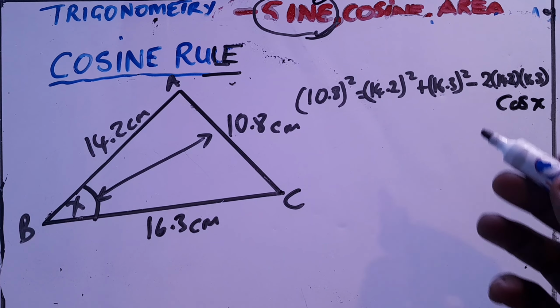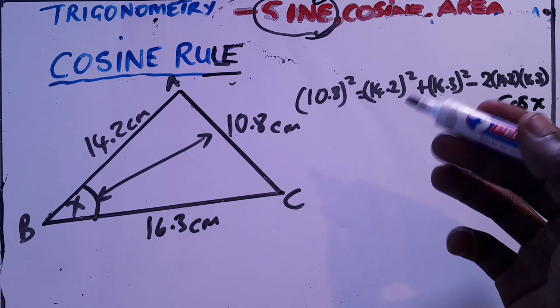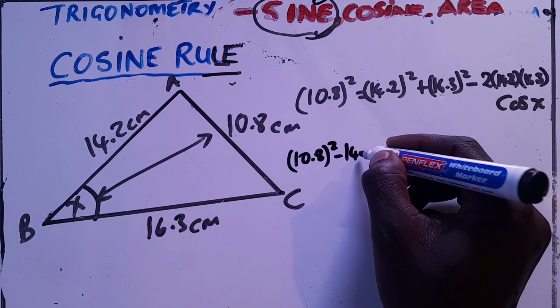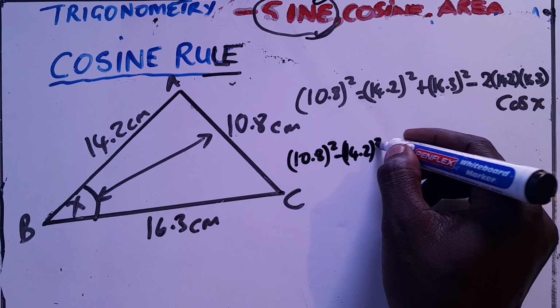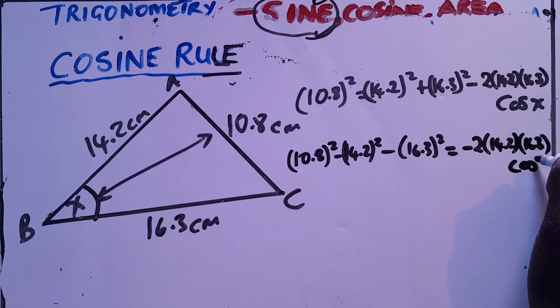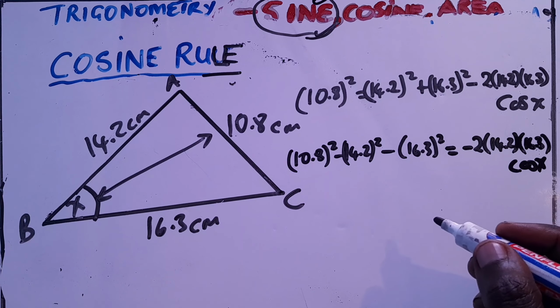So we can take everything to the other side. So 10.8 squared minus 14.2 squared minus 16.3 squared will be equal to negative 2 times 14.2 times 16.3 cos of x.